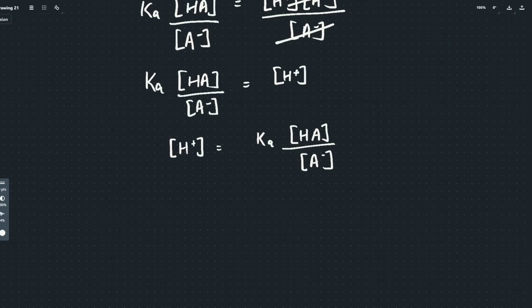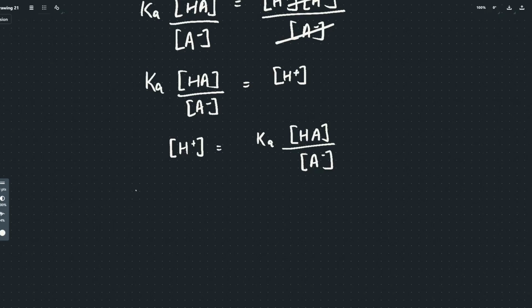Now actually we want an equation which we can use to calculate the pH of a weak acid as well as the pH of buffers. So from this concentration of proton, the concentration of H positive ion, if we take negative log of this, we can get the value of pH. But we cannot simply take a negative log here and ignore this thing.